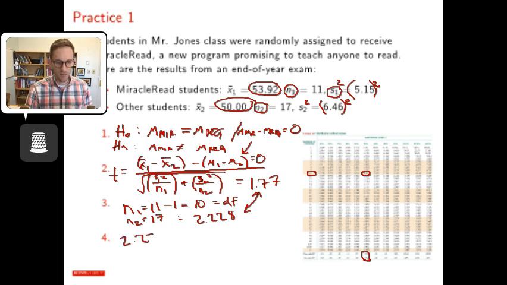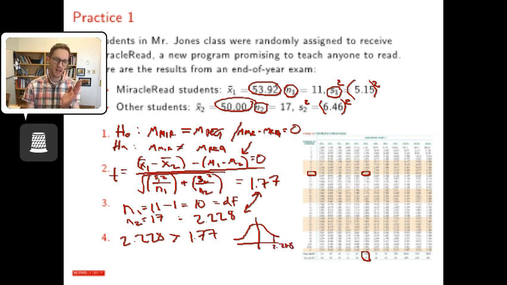So if we look at the distribution here, our critical value, 2.228, is outside the value we calculated at 1.77. If we fall inside that value, then we know that we fail to reject, or we need to accept the null hypothesis.